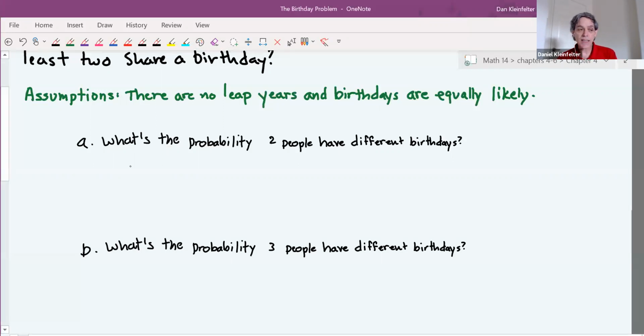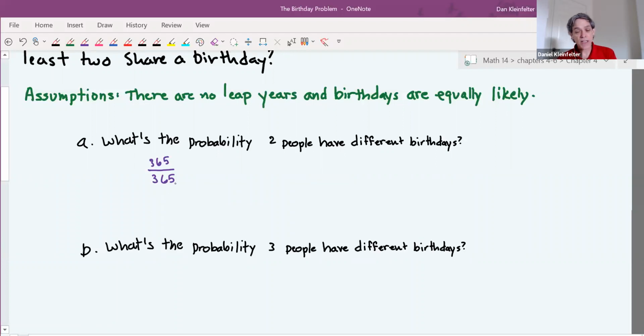So the chance that they have the same birthday, well, the first person, there's 365 possible days in the year, and they could choose what their birthday is. The number of possible choices for what their birthday is, 365. So that's 1. It really doesn't help to have that in there, but it's going to help show the pattern.